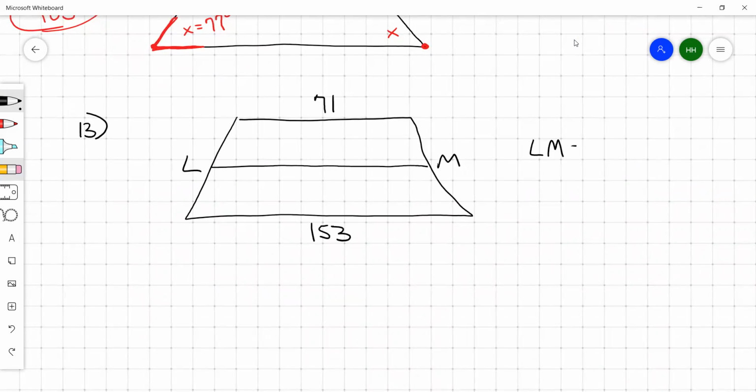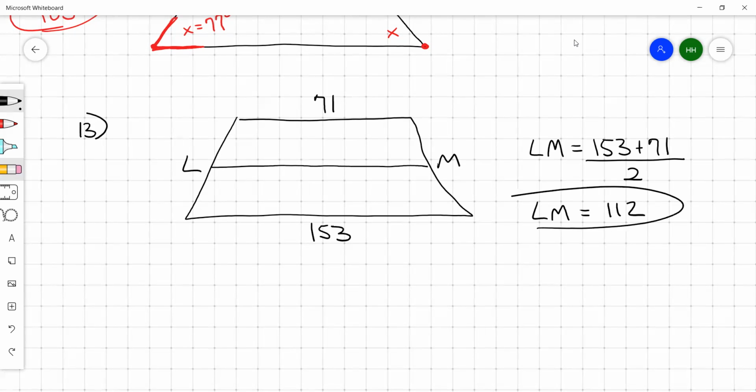LM equals 153 plus 71 divided by 2. The mid-segment is the average of the two bases. So 153 plus 71 equals 224, divided by 2 is 112. So LM is equal to 112.